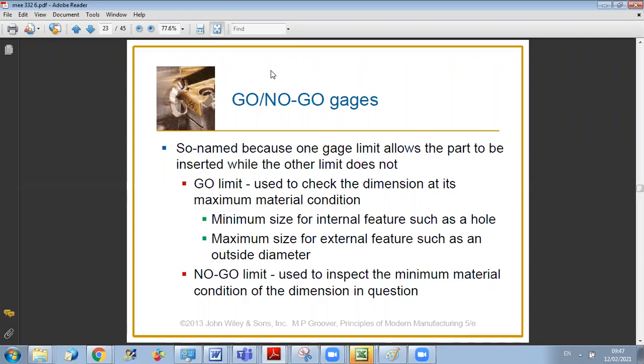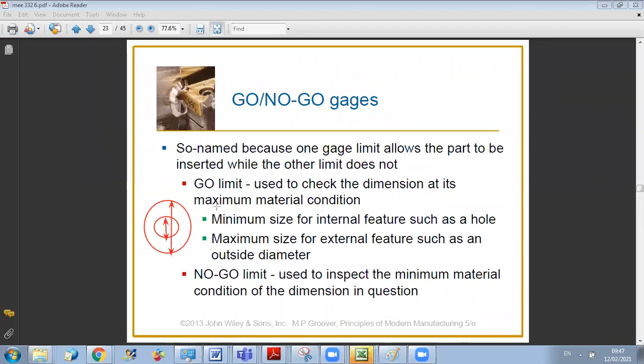Because look, if you have, let's say, a hole, the go limit will give you the minimum size of the hole, and the minimum size of the hole corresponds to maximum material. And also if you are measuring an external dimension, the go limit will give you the maximum size of the external feature.